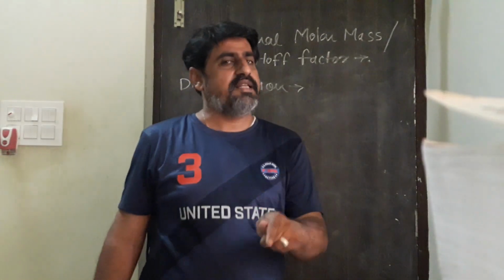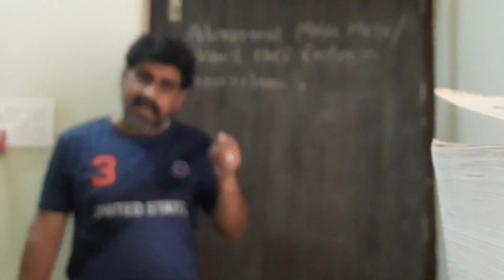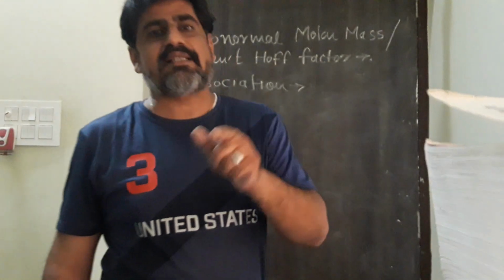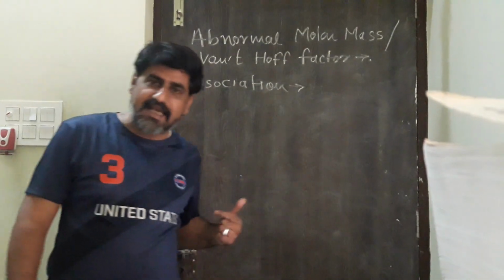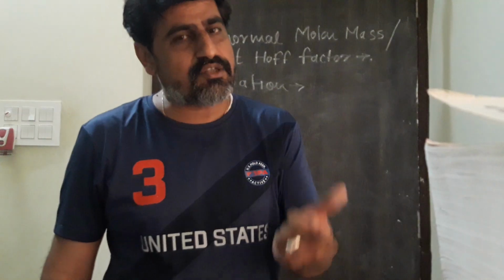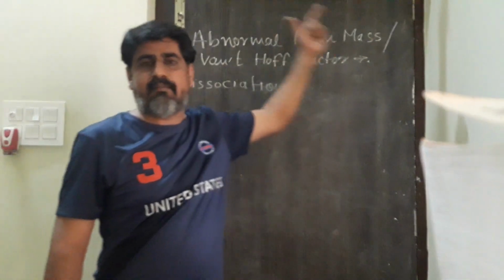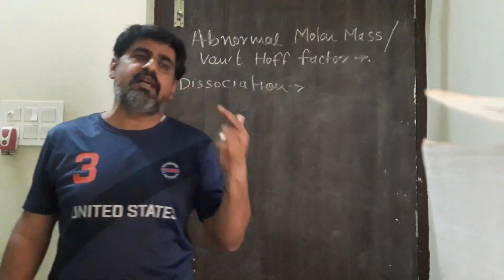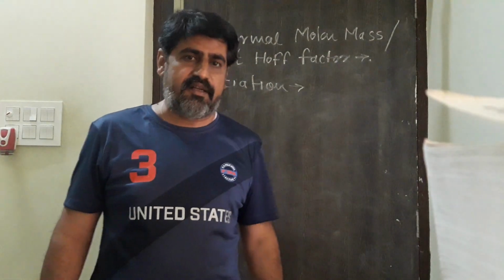Since molar mass is inversely proportional to colligative property, molar mass calculated through colligative property will be less than normal molar mass. This increase and decrease in molar mass due to association and dissociation is known as abnormal molar mass, which we find during the calculation of molar mass using colligative property.